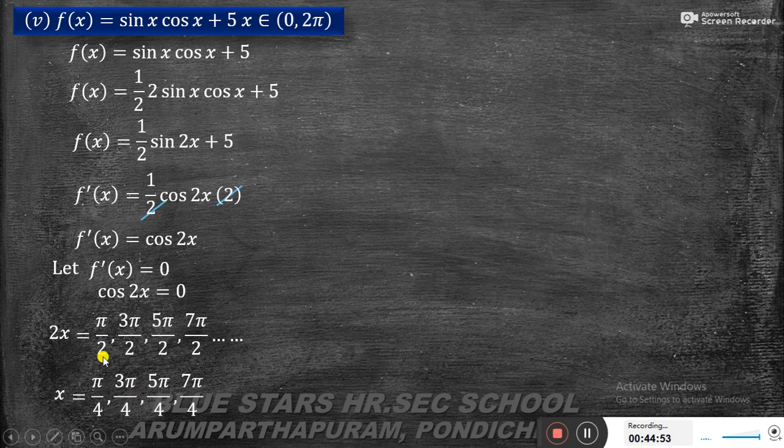So x equal to pi by 4, 3 pi by 4, 5 pi by 4, 7 pi by 4. I take up to 7 pi by 4 because the limit is 0 to 2 pi, so we take only these four values.